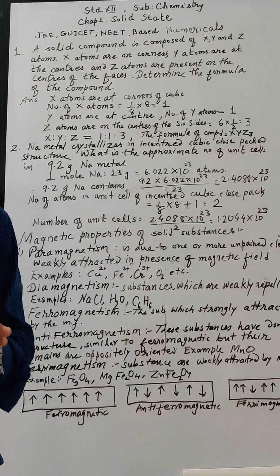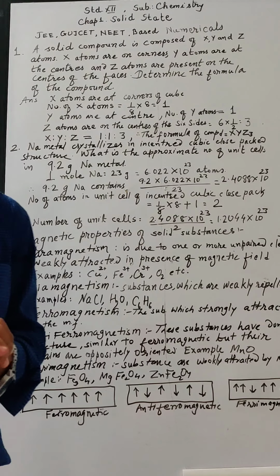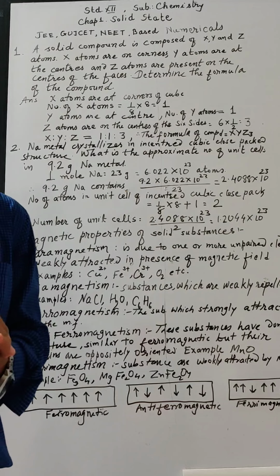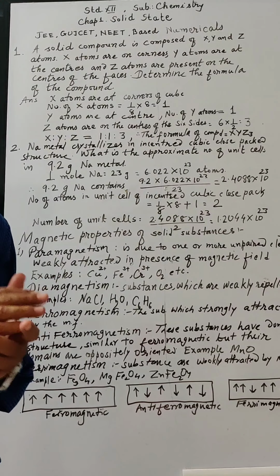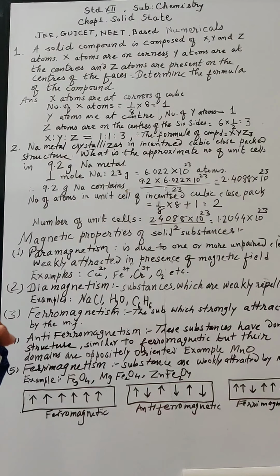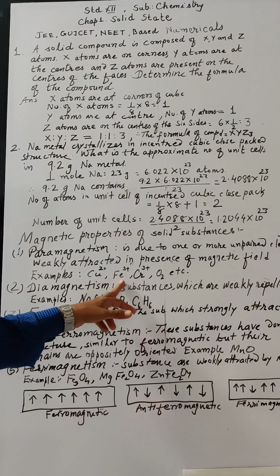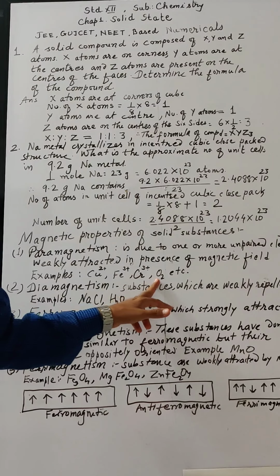Paramagnetic substances are weakly attracted in presence of magnetic field. In absence of magnetic field, their magnetism is removed. Examples of paramagnetic substance are Cu2+, Fe3+, Cr3+, O2, etc.